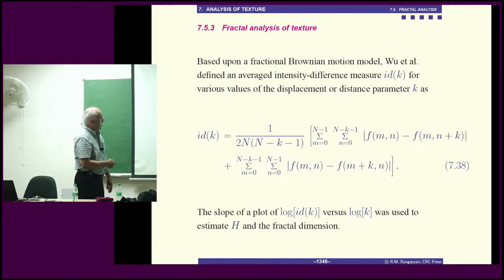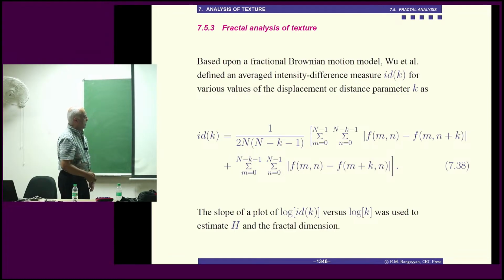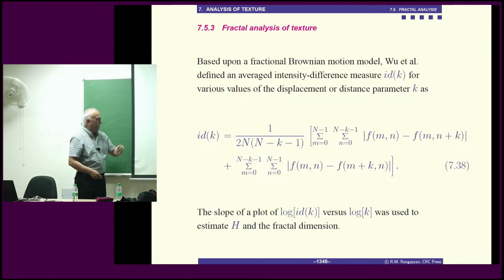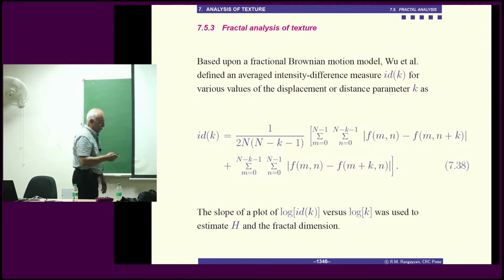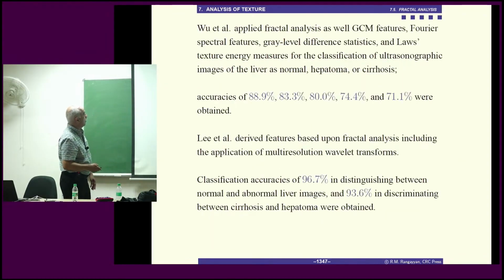So you compute this for different K, and a slope of this log ID of K versus log K was used. And to that you fit a straight line, get the slope, get H, and from that the fractal dimension. And they gave various accuracies in the classification of ultrasonographic images of the liver.